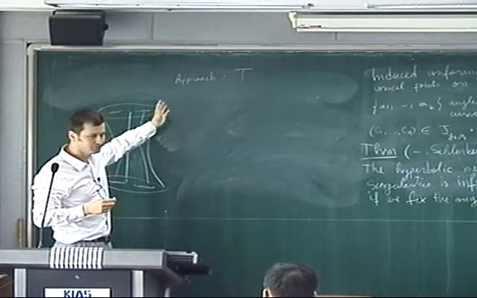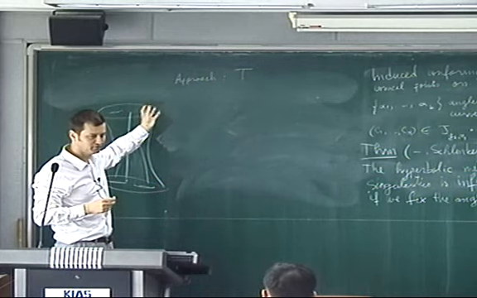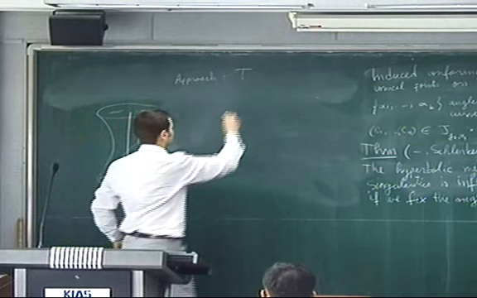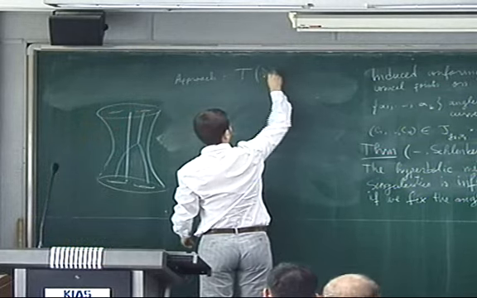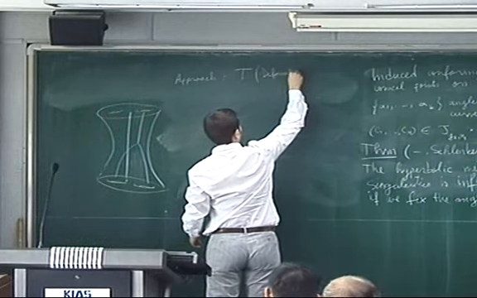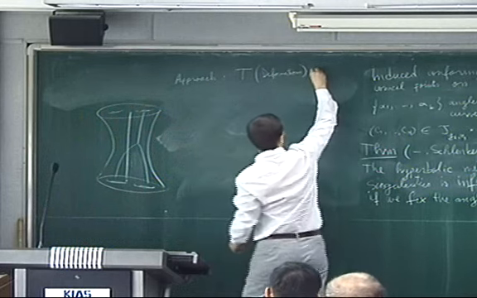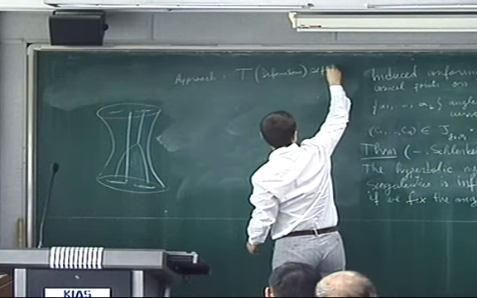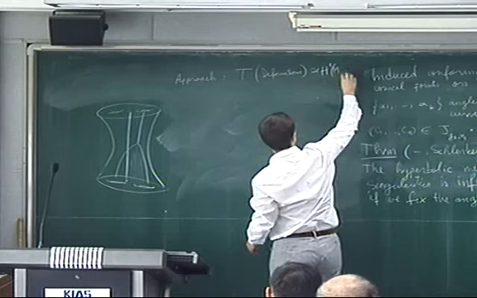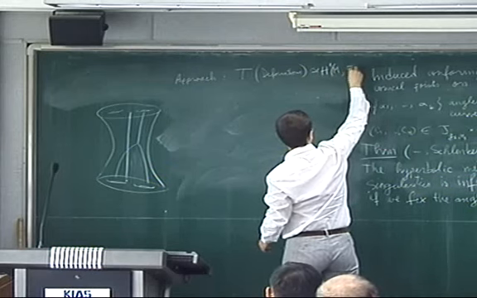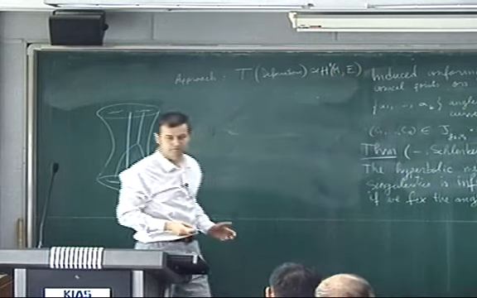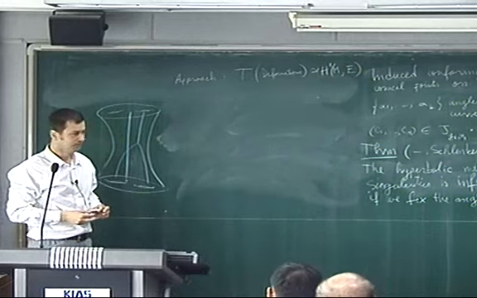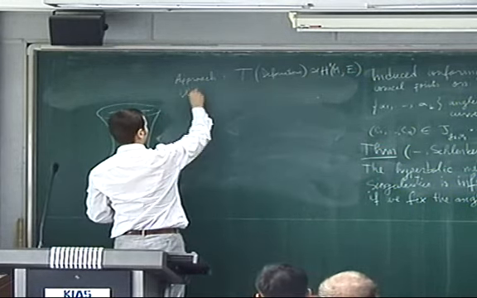The idea is to identify the tangent space to the space of deformations with the first cohomology group with values in some flat bundle E. I think this goes back to André Weil.